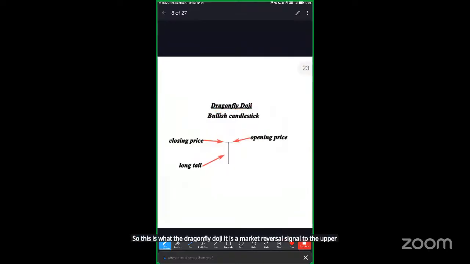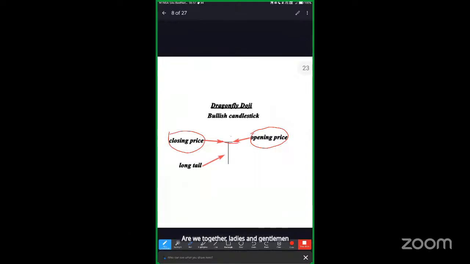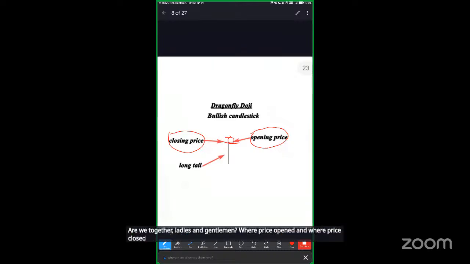For you to identify that this is a dragonfly doji, you need to look at two things. The first thing is that the opening price and the closing price are at the same place. Are we together, ladies and gentlemen? Where price opened and where price closed, they are at the same place.